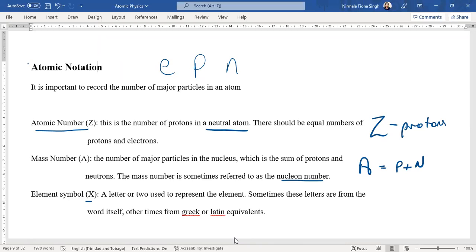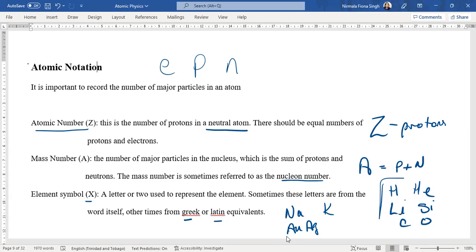Sometimes these letters come directly from the words themselves, like hydrogen, helium, lithium, silicon, carbon, oxygen. Other times they come from the Greek or Latin equivalent, like sodium, Na, potassium, K, gold and silver, Au and Ag.